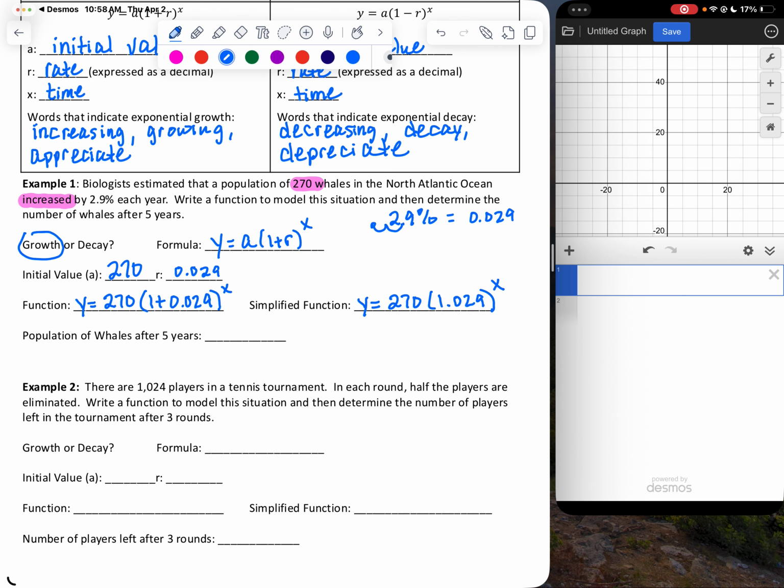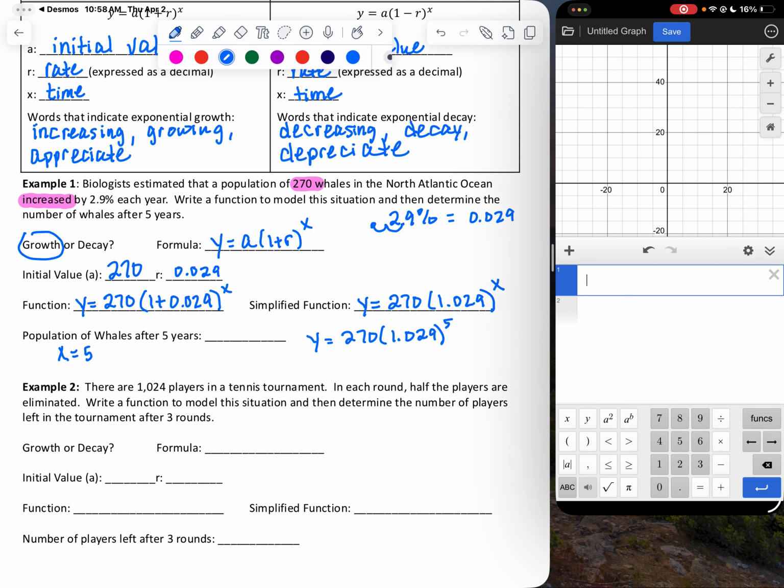And the last thing they want us to do is use this formula to calculate the population of whales after 5 years. So x will equal 5, which means we will plug into our calculator y equals 270 times the quantity 1.029 to the 5 power.